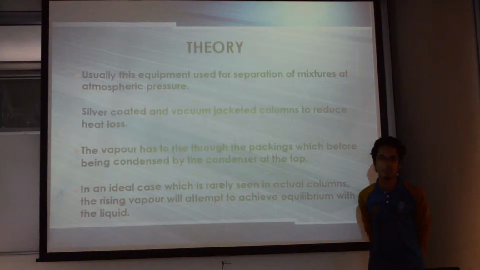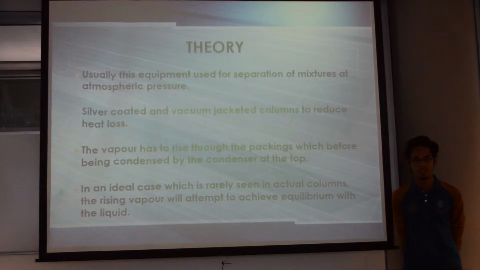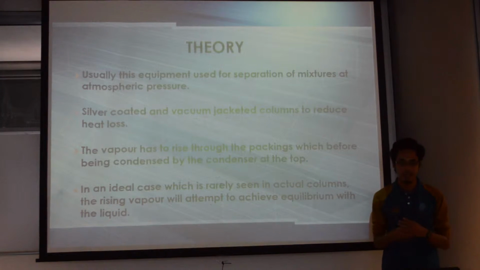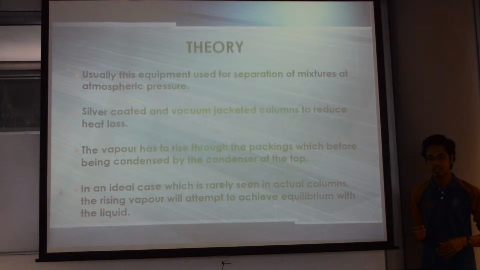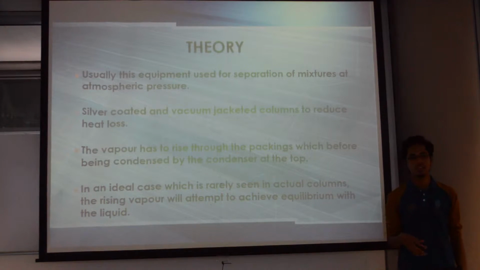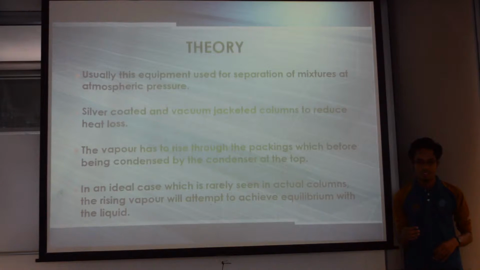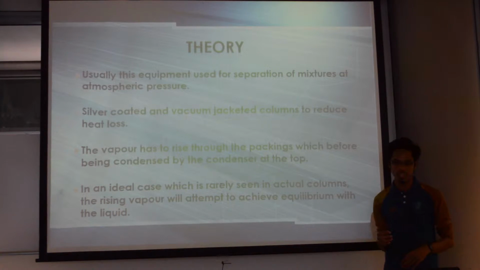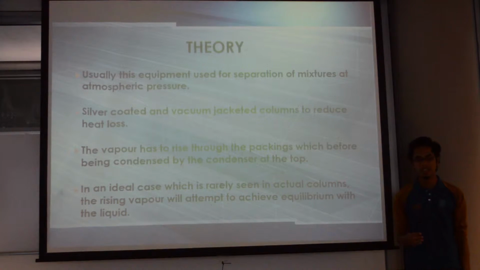Hello, my name is Abdul Rahman Shahir. So I will present about the theory of the experiment. Firstly, this equipment is used for separation of mixtures at a certain pressure. The next theory is that this equipment is silver coated and has a vacuum jacket to reduce the heat loss.